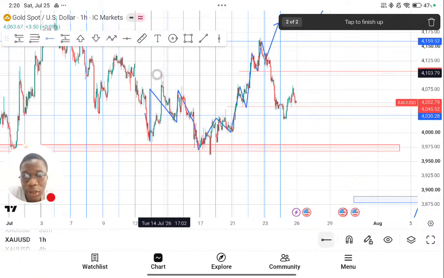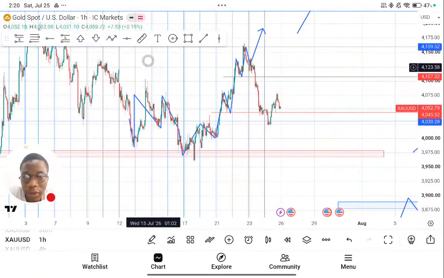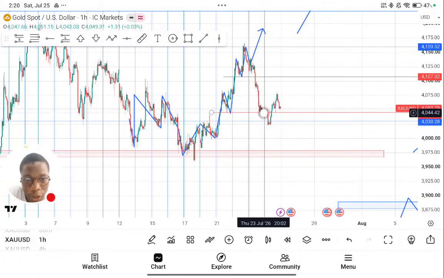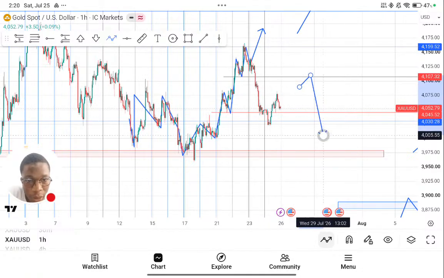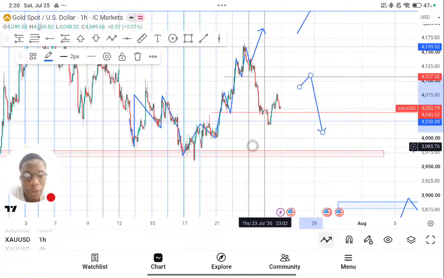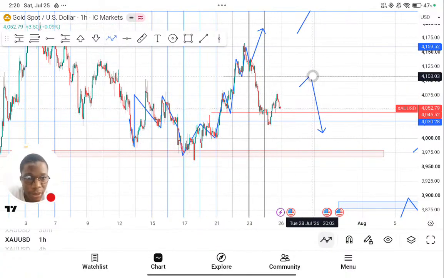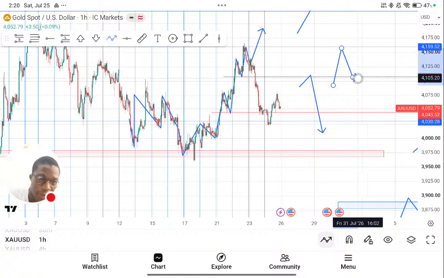So what we'll be looking out for right now is some sort of retracement to this level, then continuation to break above another high, right? But in the case that otherwise happens and this guy gets taken out, what you are going to be doing is waiting for it to respect.